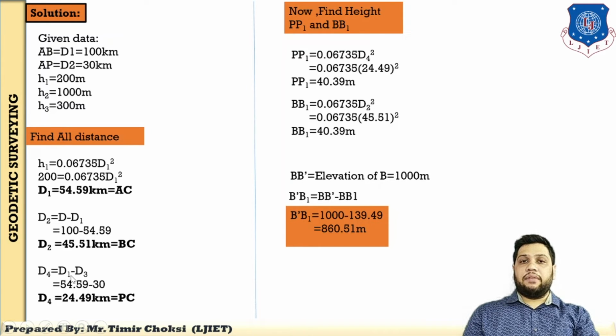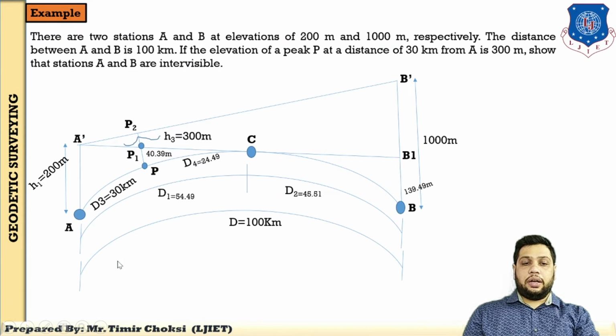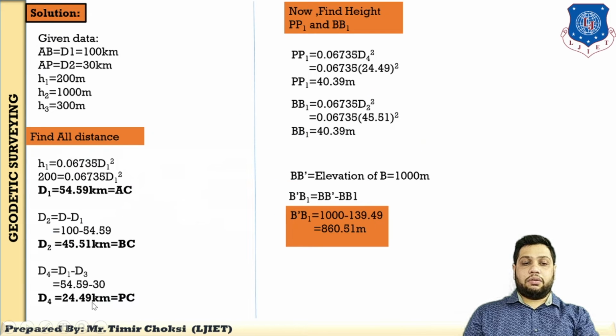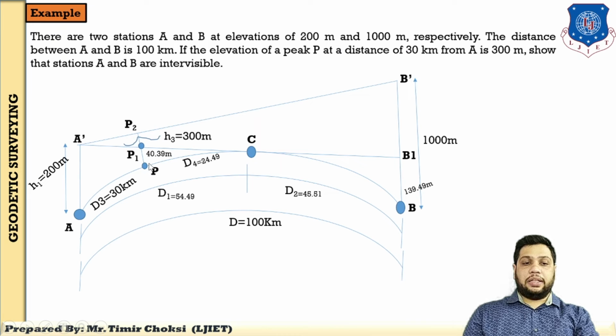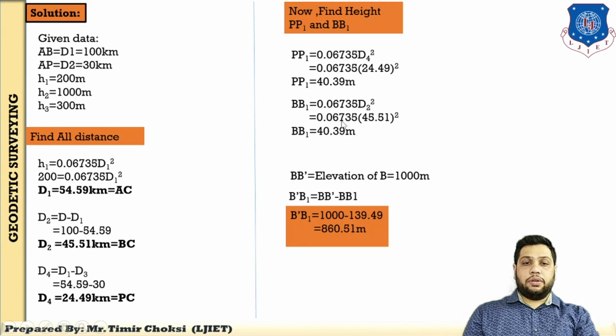Now getting the value of D4. D4 is, as clearly seen here, D1 minus D3. So the answer is 24.59. Now after finding all the distances, we have to find the heights PP1 and BB1. You know the equation is 0.06735.